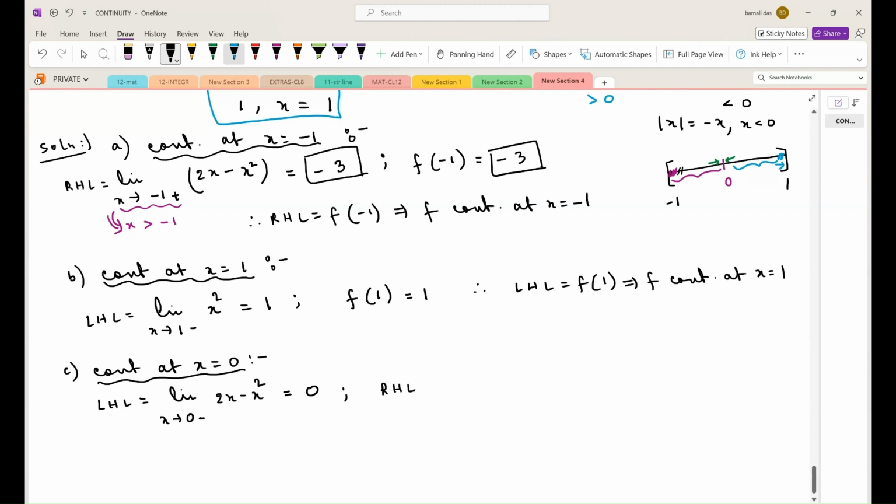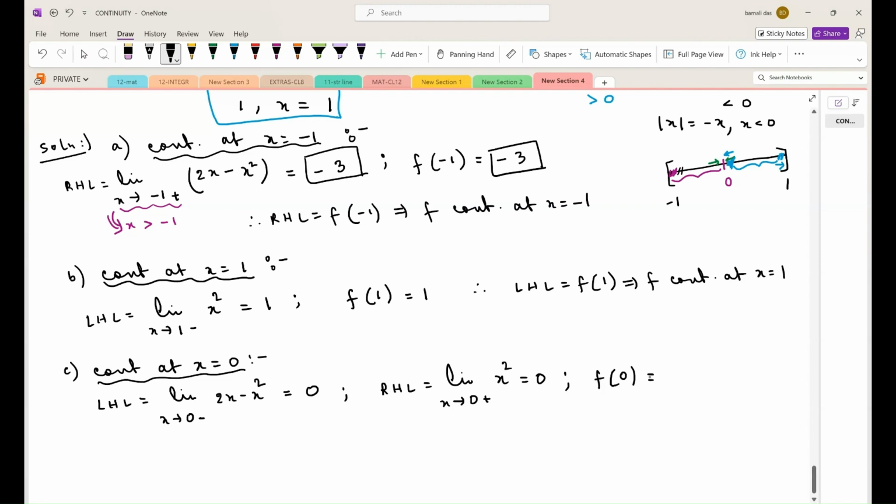This is the left hand limit. Right hand limit is limit x approaches 0 from the right. So this time x is approaching 0 from the right. That means x is in the 0 to 1 interval, and in the 0 to 1 interval the function is x square. So x square, which is also 0. And what is the functional value at 0?